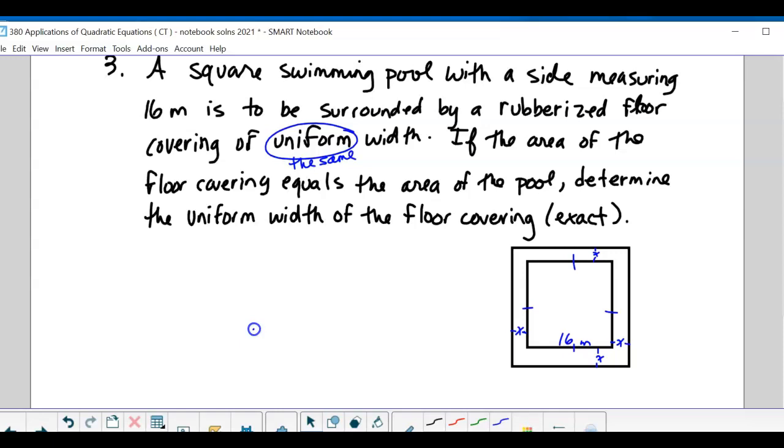So that width is x, this is x, this is x, this is x. So your outside dimensions then will be 16 plus 2x, because it's a square. So in this case, the area of the inside is 16 squared. The area of the entire thing is 16 plus 2x all squared.